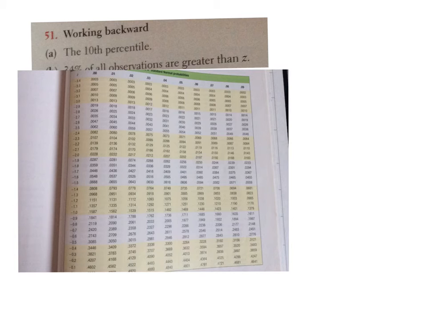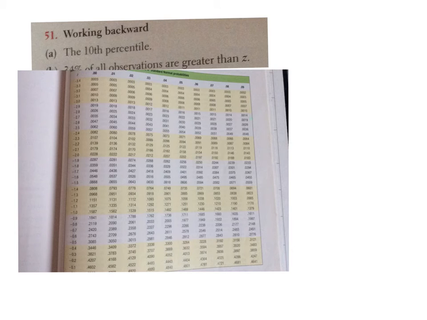Okay, y'all, I'm going to be honest. I skipped number 49 because I just did one with the table, and it's the same process. 51 wants you to use the table but work backwards. This time it's giving you a percent and you're having to find the z-score. These are particularly annoying, and it's way easier and more accurate to use a calculator or the Statlet. I am going to show you how to do it though, and then I would like you to look at the Statlet for how you would do it.